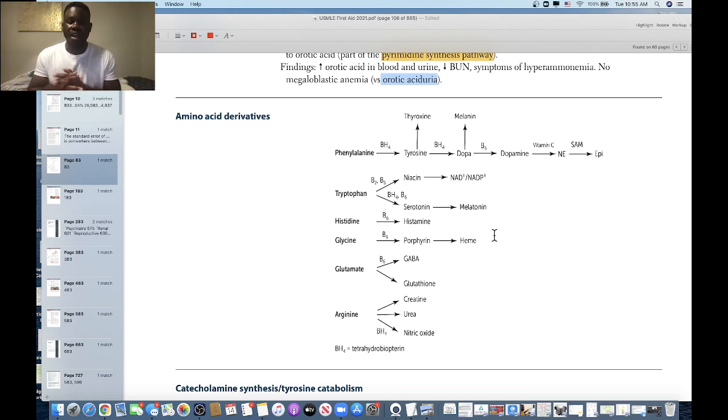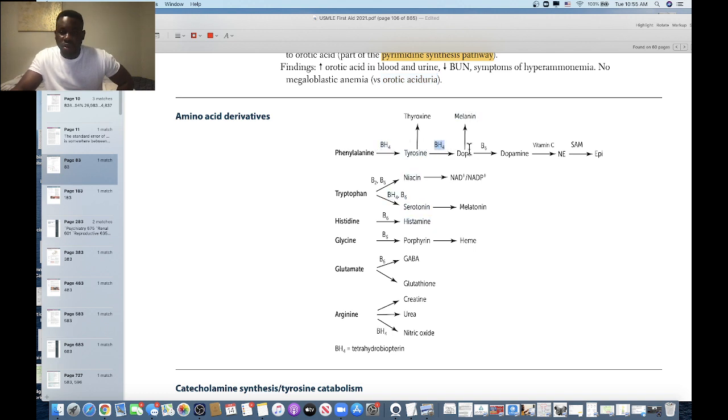You will know them. Phenylalanine can be used to make tyrosine. Then the tyrosine can be used to make dopa. And dopa can be used to make dopamine. Dopamine to norepinephrine. Norepinephrine to epinephrine. What you want to know is that these things that are up here, you want to know them.